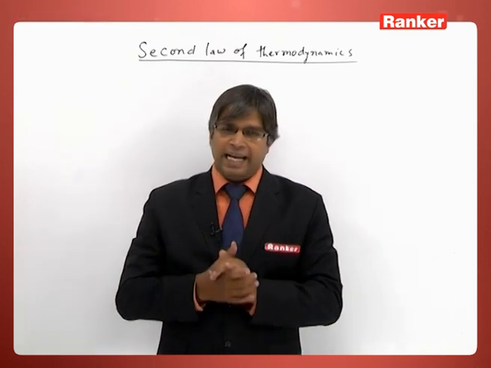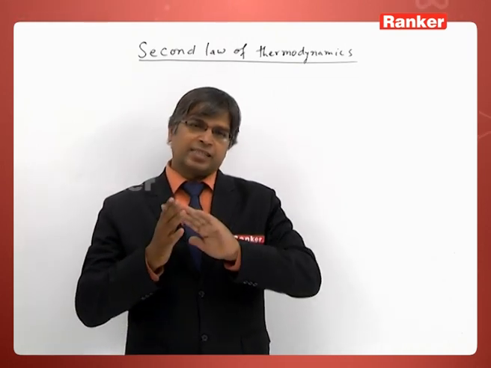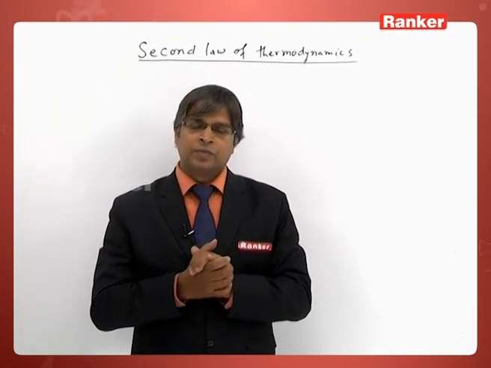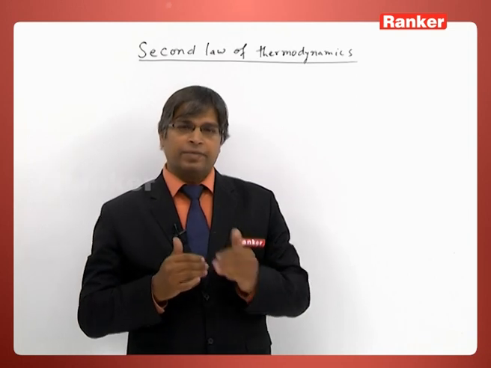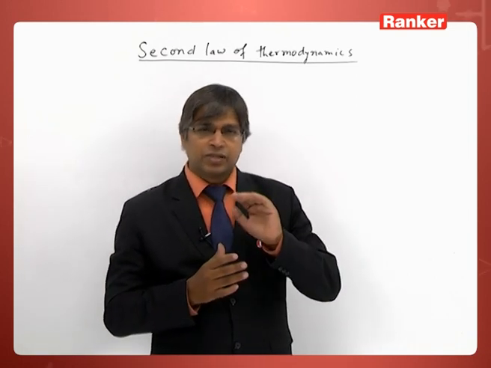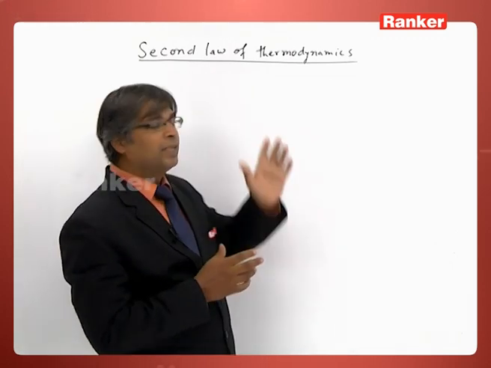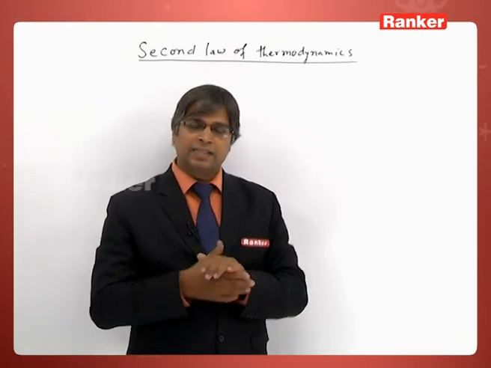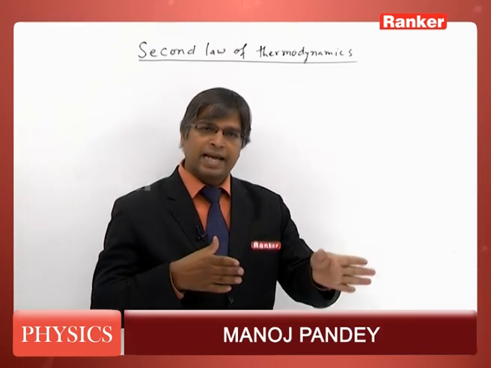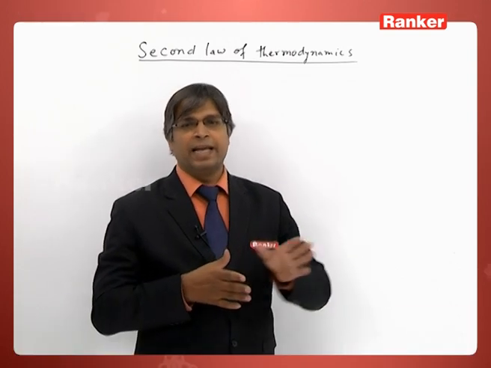That means in nature there is a sequence of events associated with all events. The sequence of events, that is the way in which it will happen, is what is predicted by the second law of thermodynamics. It tells that the sequence is this. This is the way in which the system should behave.